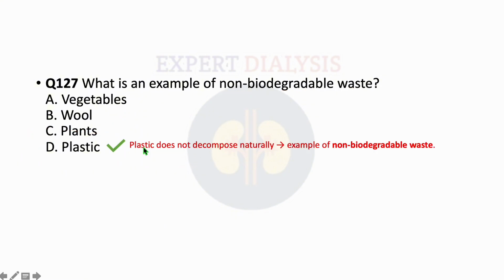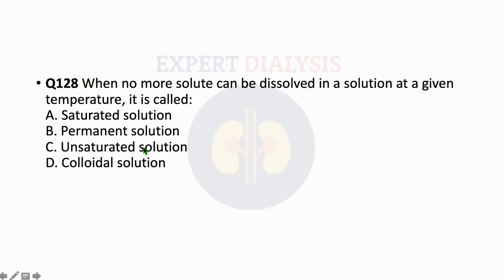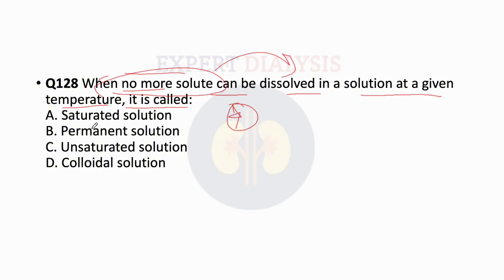Moving to the next question, the question says, when no more solute can be dissolved in a solution at a given temperature, it is called dash. So no more solute is getting dissolved in the solution. What will we call it? Option A is saturated solution, option B is permanent solution, option C is unsaturated solution, option D is colloidal solution.